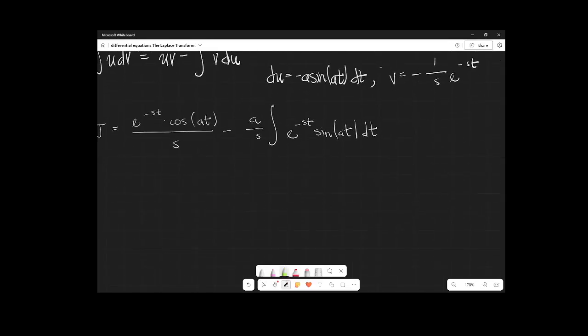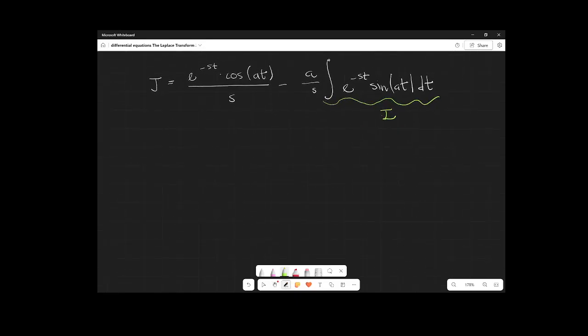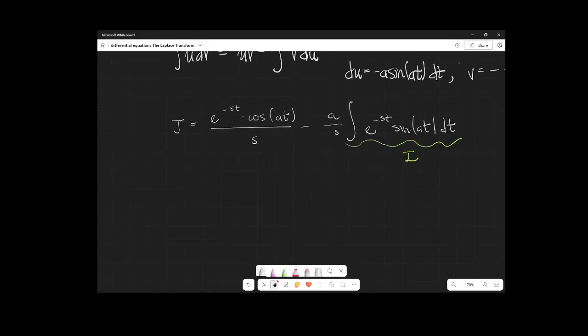Let's call this I. And let's do integration by parts on it again.